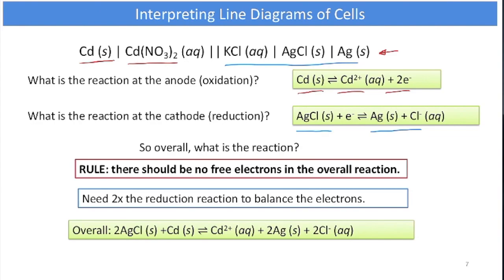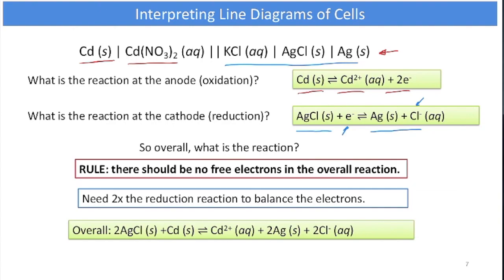For ones like this, you can use your textbook and look up this particular reaction in the table of standard reduction potentials in one of the appendices in the book, and this is the reaction that would come out of it. So we have silver chloride plus an electron, because we have one extra negative charge on the product side, so we have to have a negative charge on the reactant side as well. This is written as a reduction reaction because it has an electron on the reactant side. The cadmium reaction is written as oxidation because it has electrons as a product.